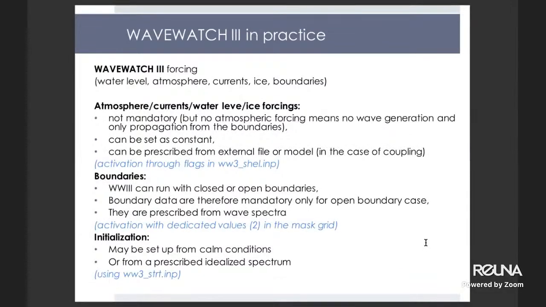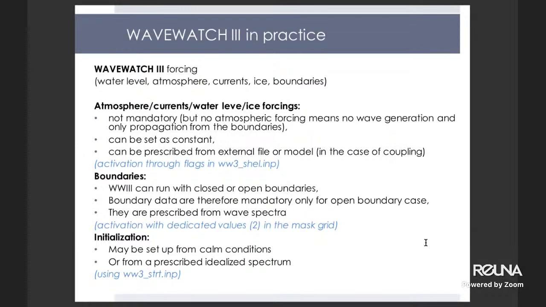Regarding the Wavewatch forcing: water level, atmospheric currents, ice, and boundaries. For atmospheric, current, water level, and ice forcings, there are 3 possibilities. First, they are not mandatory, so you can choose not to use these forcings, but remember that with no atmospheric forcing, you won't have wave generation, and so you only have propagation from the boundaries or from existing waves.